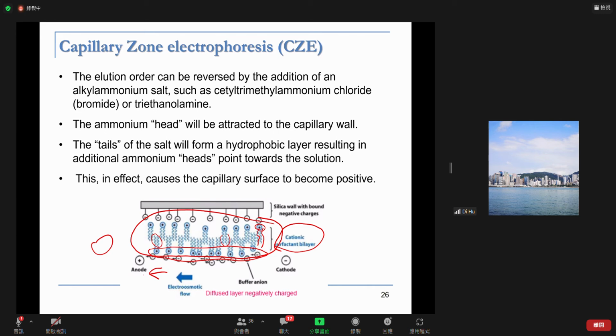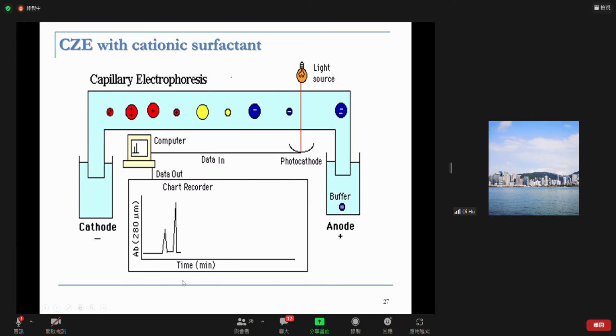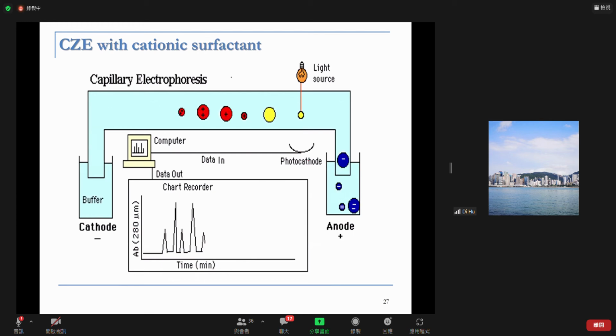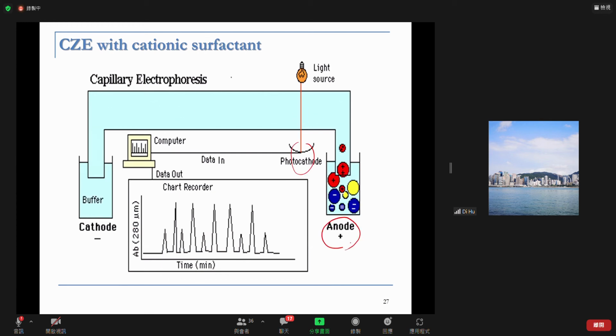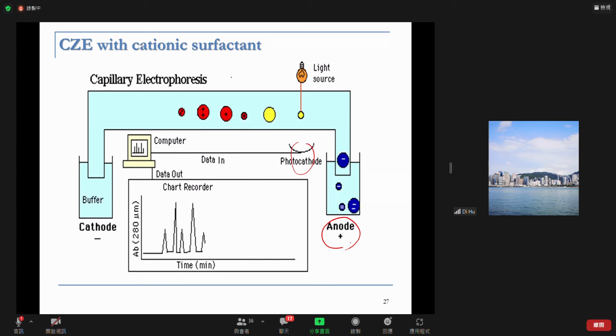Understand? This is how you change that. Because we add the surfactant, we change the polarity of the inner wall, and now everything sweeps with the EOF toward the anode instead of the cathode.